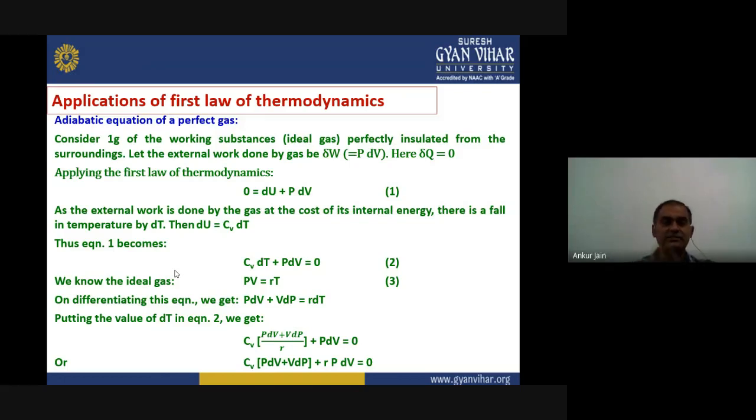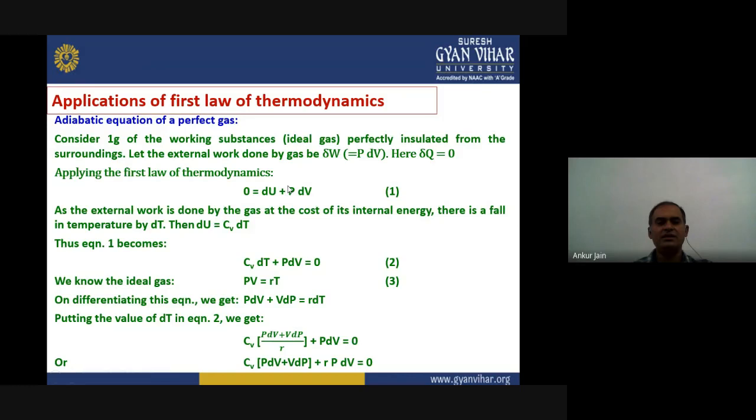That is, insulated means no heat exchange is possible between the system and surroundings. Let us assume the external work done by the gas is del W, and del W can be written as P into dV. Now from the first law of thermodynamics, we can write 0 equals dU plus P dV. Del W is P dV, dQ is 0, so we can write it in this way.